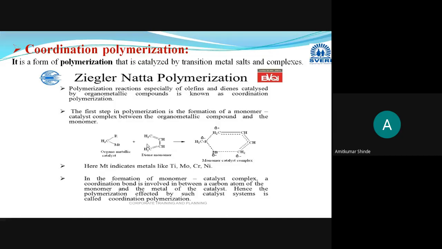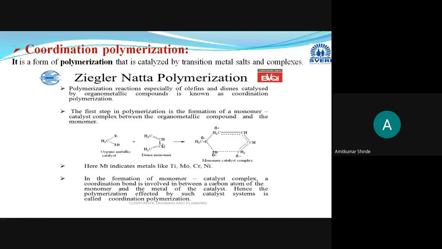You can say that the accelerator you have to add in the form of metal salts will accelerate the process. The monomer will be there, and that monomer will get transformed to the polymer only in the presence of that metal salt. Otherwise it does not take part in the polymerization. This will be termed coordination polymerization.